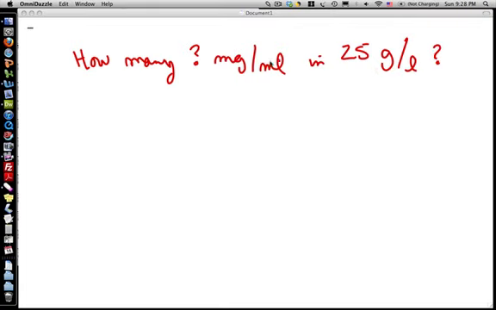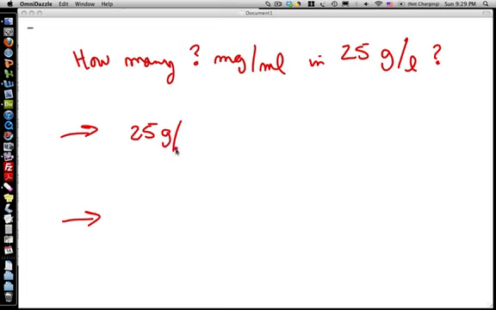Okay, so now we have to do 2 conversions, and the easiest way to do that is just to do them in 2 separate equations, just like we set up that equation, but we're going to do it twice. First, we'll change the grams to milligrams, and then we'll change the liters to milliliters.